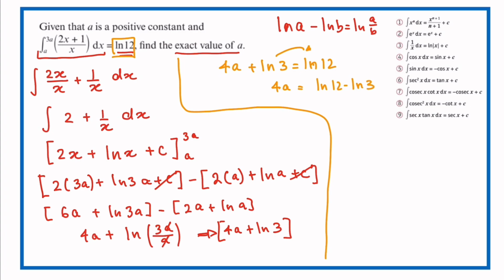I can apply the laws again. So 4a becomes equivalent to ln of 12 over 3, and that way it becomes 4a is equal to ln of 4. The value of a from here becomes a is equal to a quarter ln 4. And this here is your final answer for the value of a in exact value.